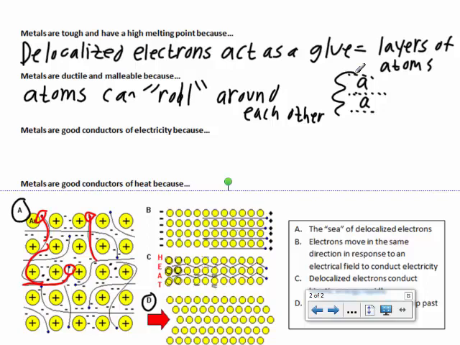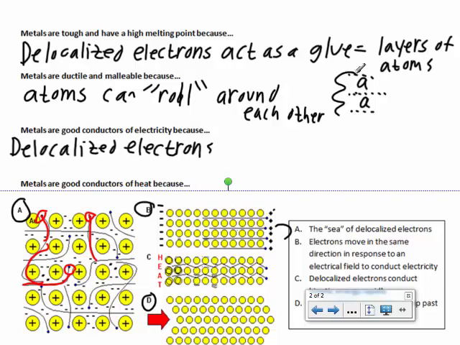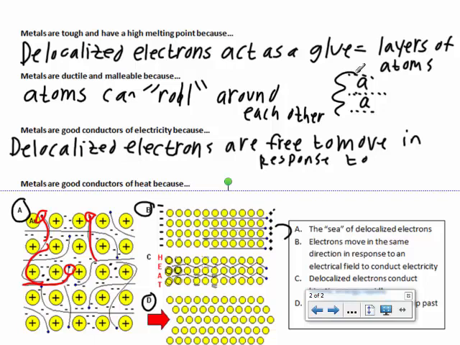So metals are good conductors of electricity. So think of this thing down here, kind of looks like a battery with a negative end, and you can draw the little head for the positive end down there. They conduct electricity because the delocalized electrons are free to move in response to electric charge, an electric current.